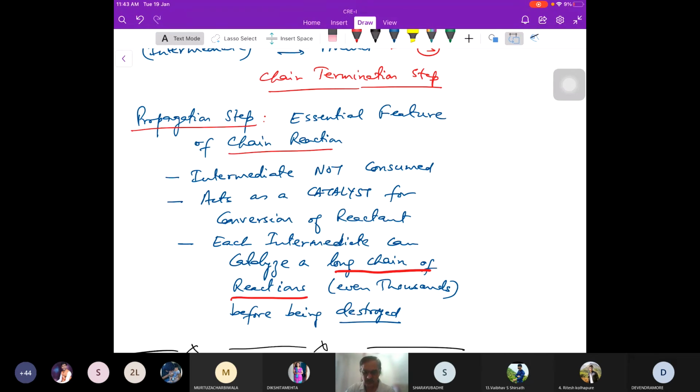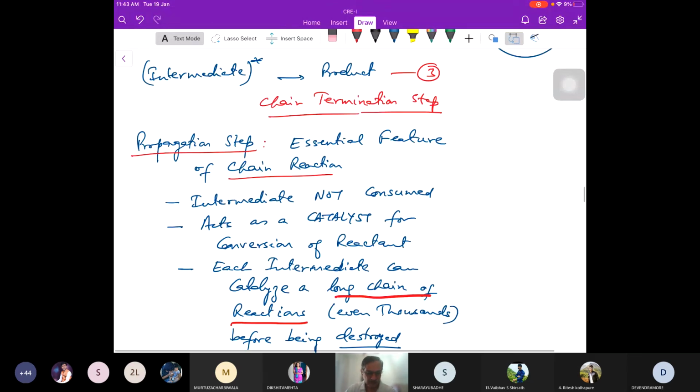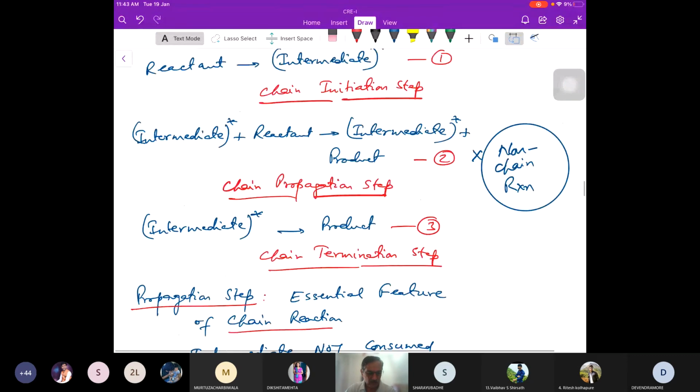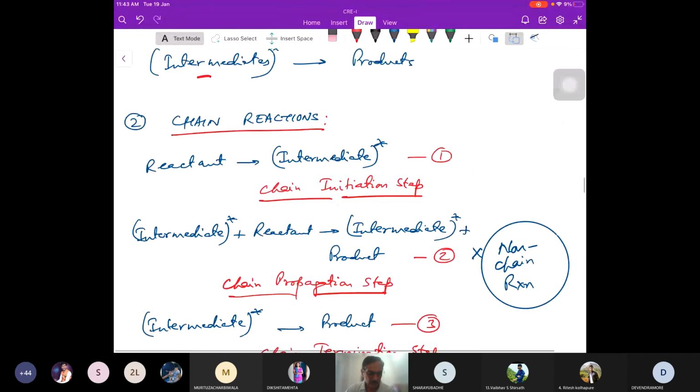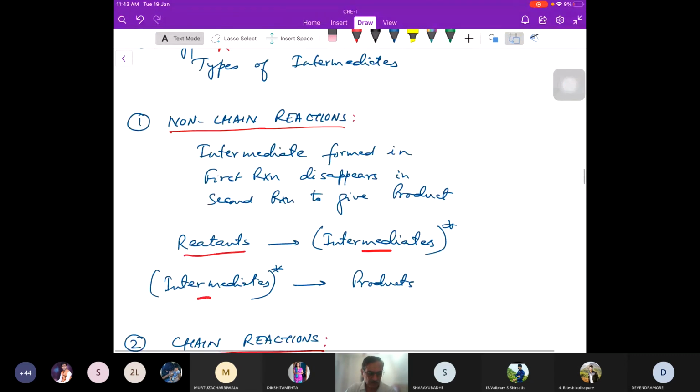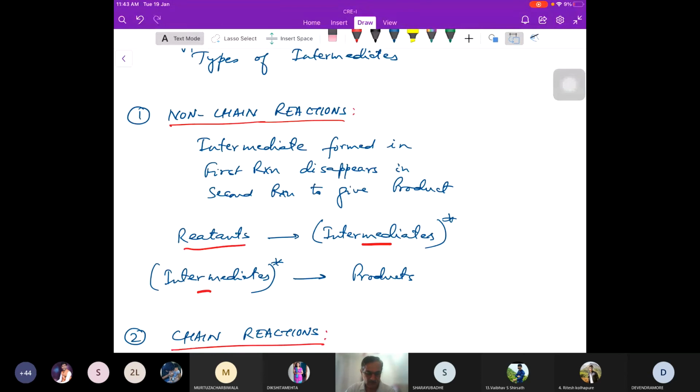Non-chain reactions, we'll see. There are many non-chain reactions, like we saw. If you look at elementary reactions, they are essentially non-chain reactions. The intermediate part we'll see later. But ultimately our objective is that these steps should be elementary reactions.